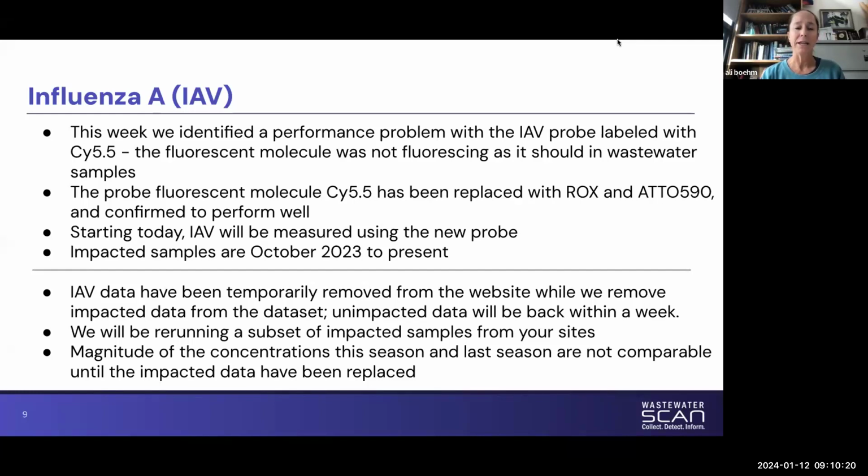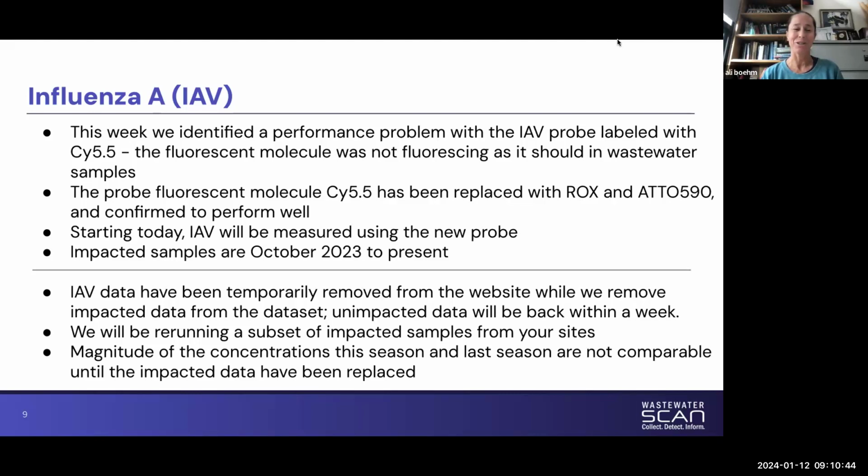And we will be rerunning a subset of the impacted samples from your site to repopulate the data that will be removed from the website. So what this means is that the magnitude of the concentrations that we were observing this season with the impacted data and last season are not comparable. I hope that's clear.